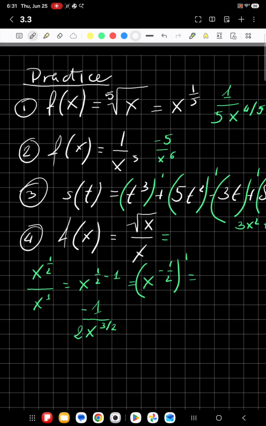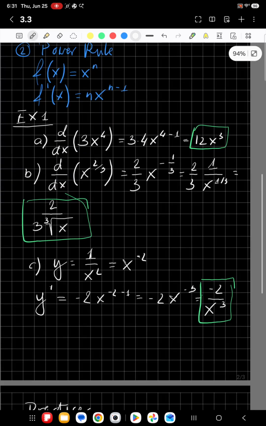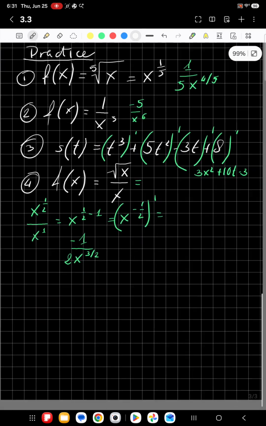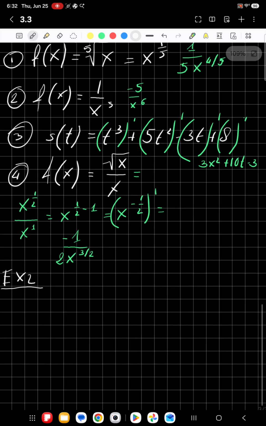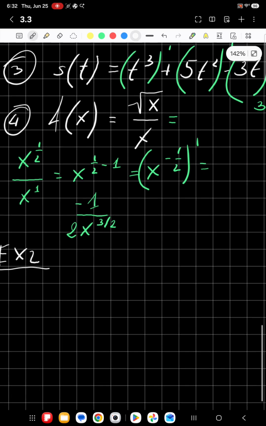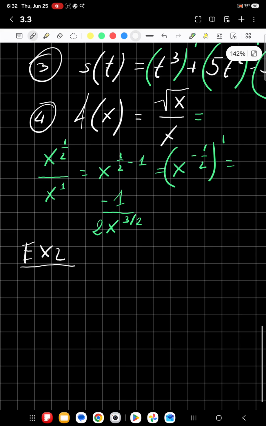All right, so let's do one example just to kind of remind you that derivative in a sense is slope. Okay, so example 2. Okay, so given, let me write it this way. Given f of x, right, our old friend f of x equals x squared.